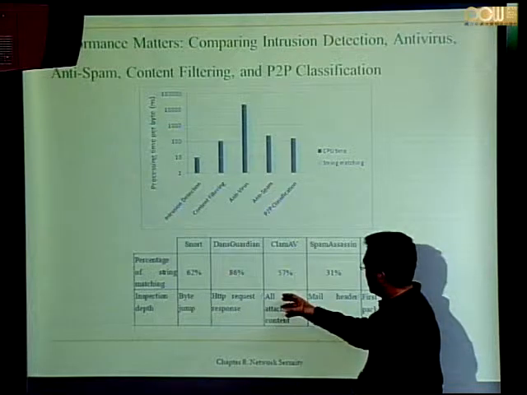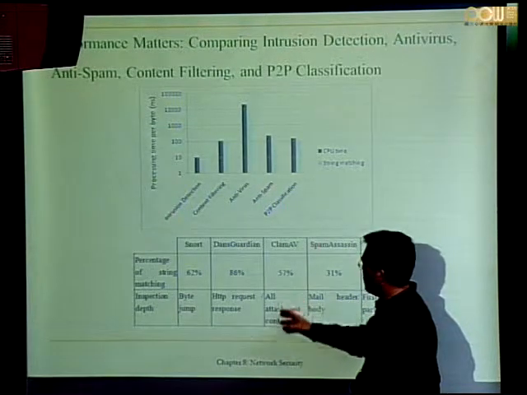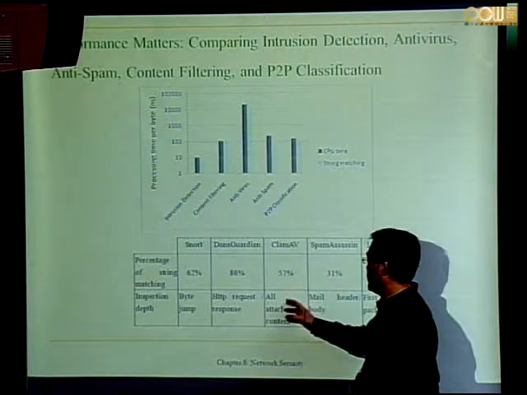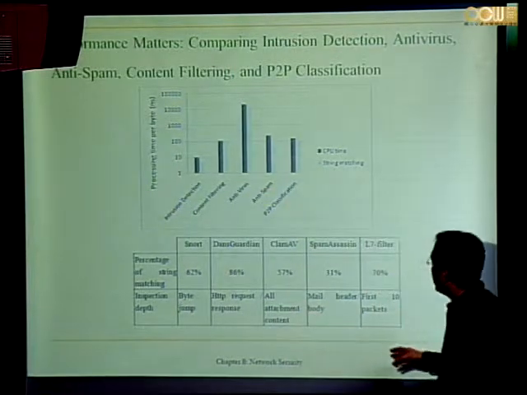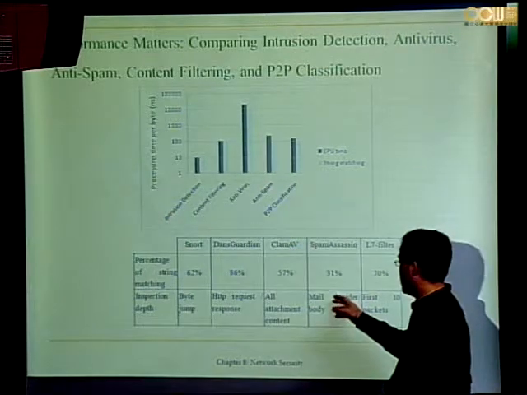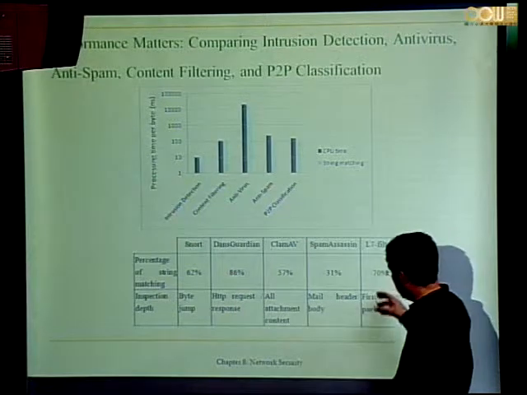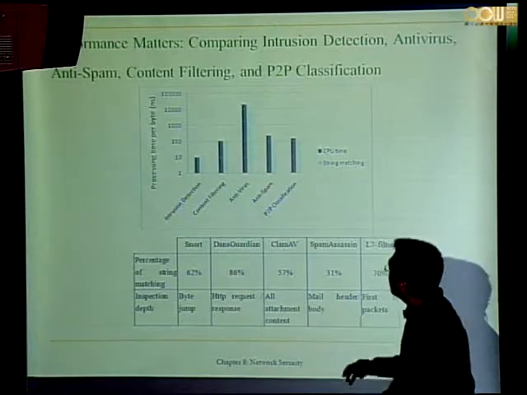ClamAV maybe needs to look into the application payload, especially the attachment. SpamAssassin looks at the mail message body. L7 filter looks at the header messages.